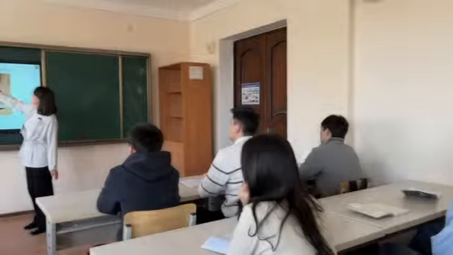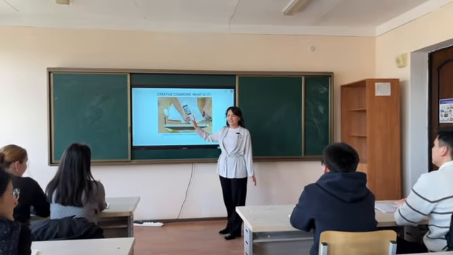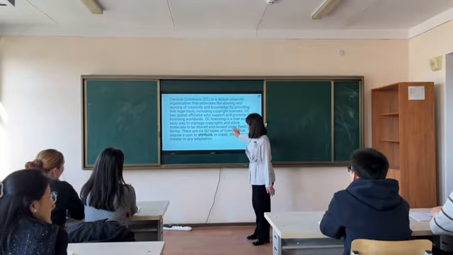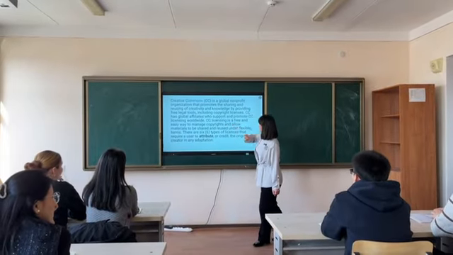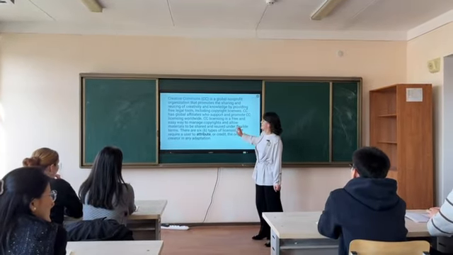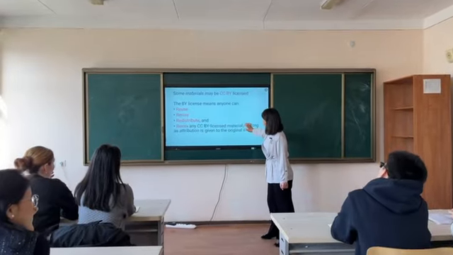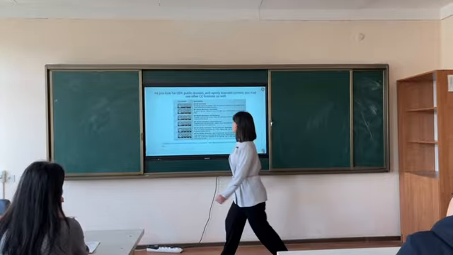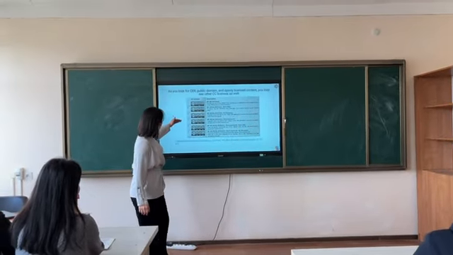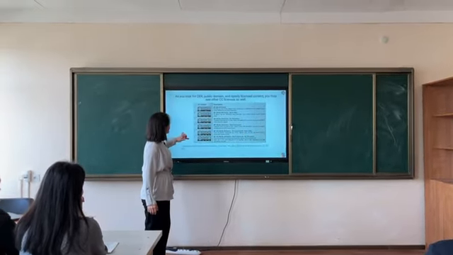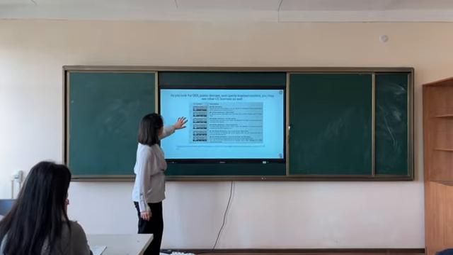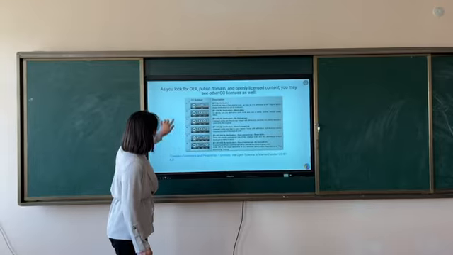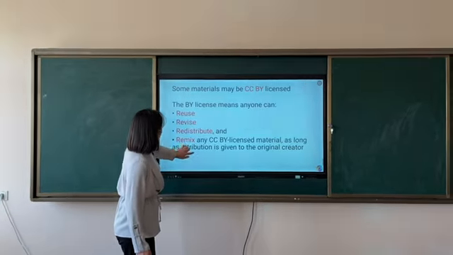Creative Commons. It's a license. There are six types of Creative Commons licenses. Let's see. Here are six of them: first, second, third, fourth, fifth, and sixth. The picture is not in high quality, so let's move on to the next page.